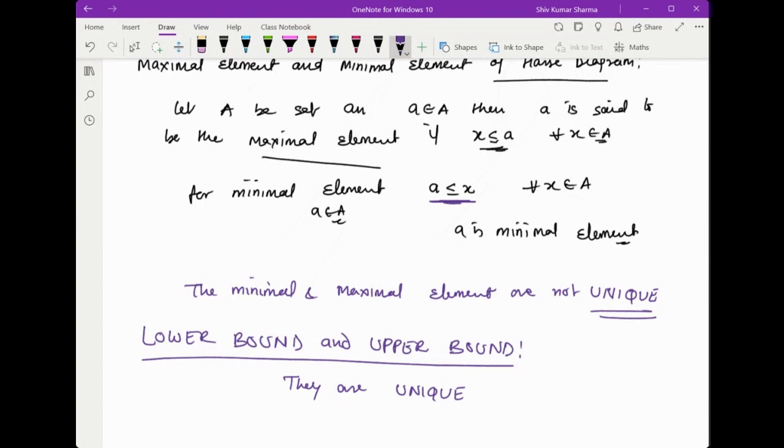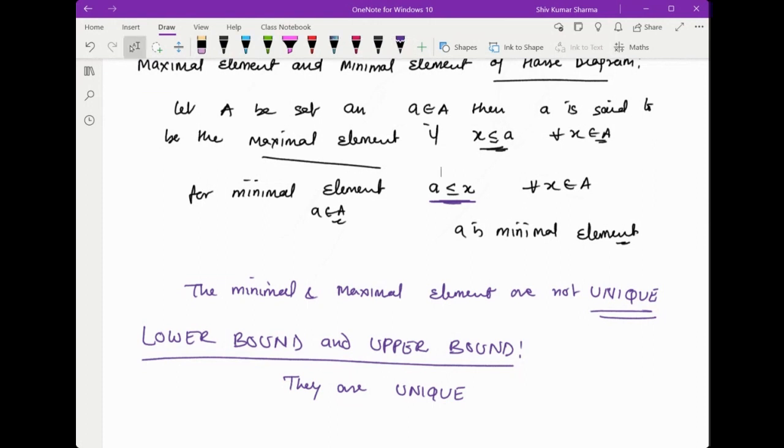So how do we write the lower bound and upper bound for the previous example? The lower bound means the minimal element. We see that 2 and 3 are minimal elements, so we write that there is no lower bound. If we get only a unique lower bound, then we write it, otherwise we do not. And the upper bound means the maximum element, which is unique, and it is 96.